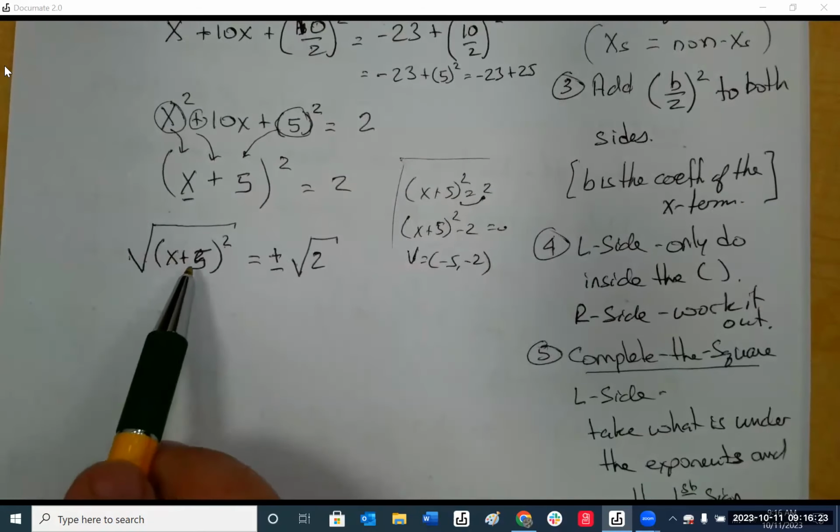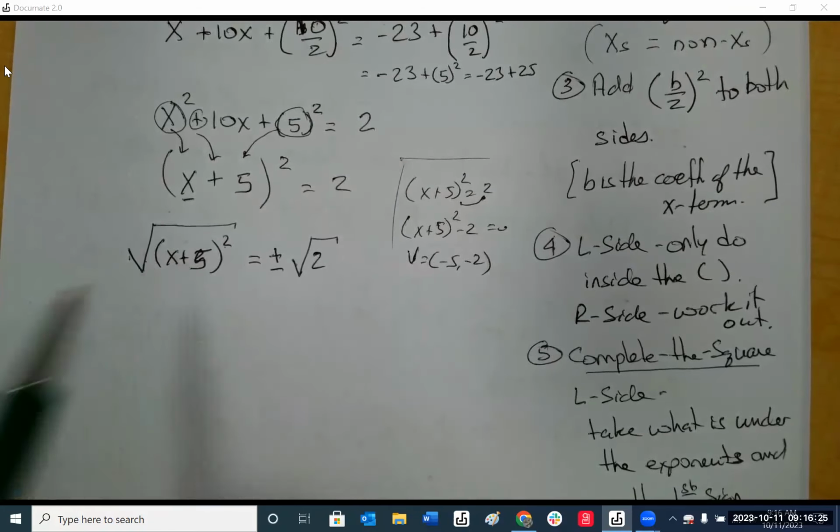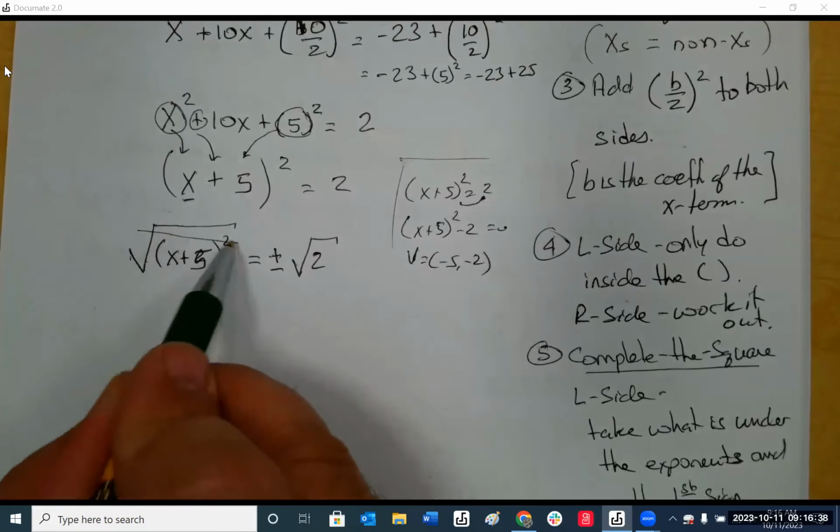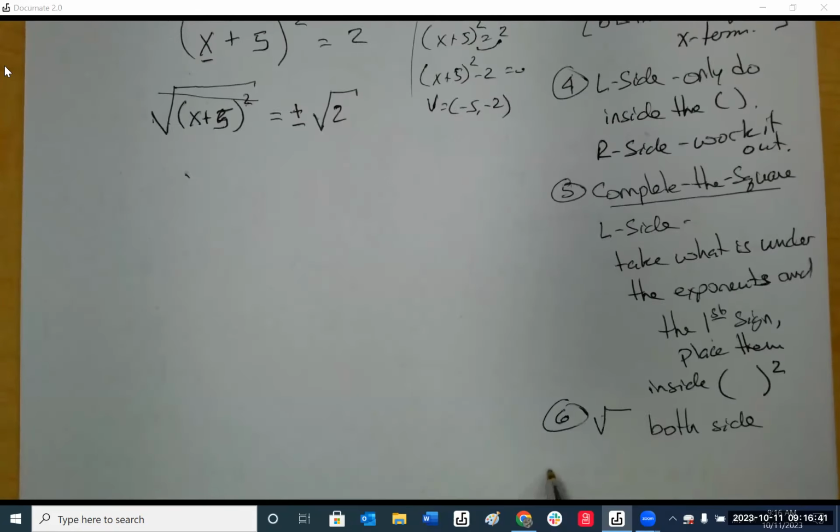The reason being, if I square a number, -2 times -2 is +4. +2 times +2 is 4. So whenever I square root something that's squared, always put a plus or minus in front of the answer. So those cancel, and the last step is solve for x.